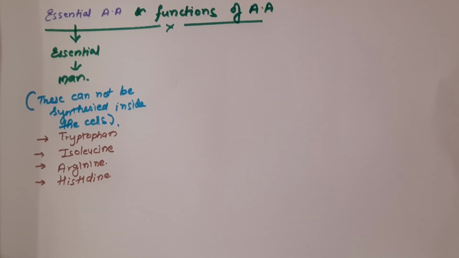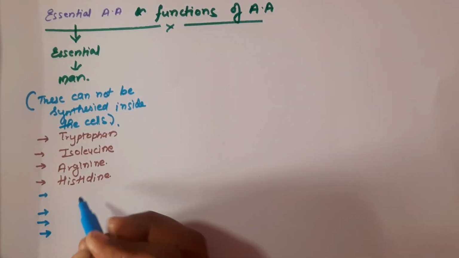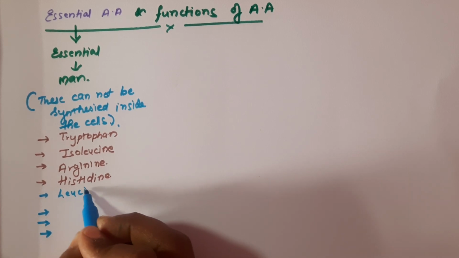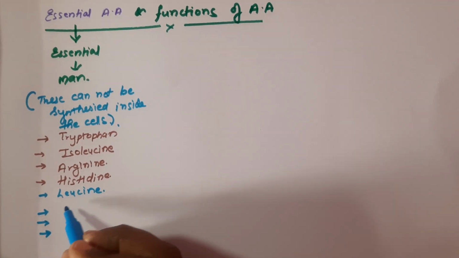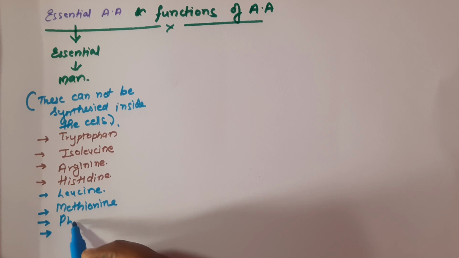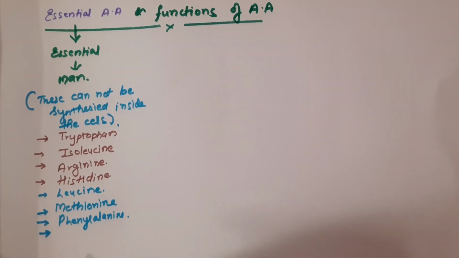Okay, the other 4 are leucine, methionine, phenylalanine, okay, and the last one is valine. So these are the amino acids.